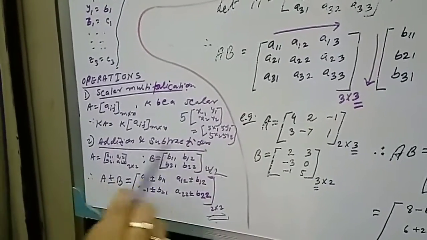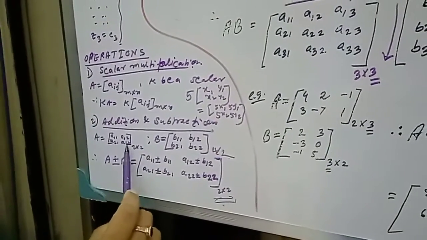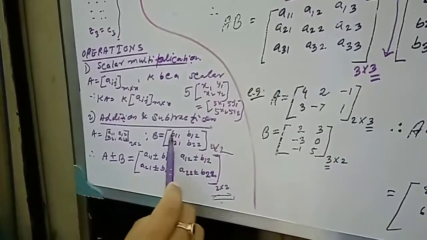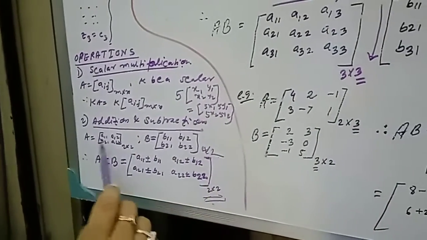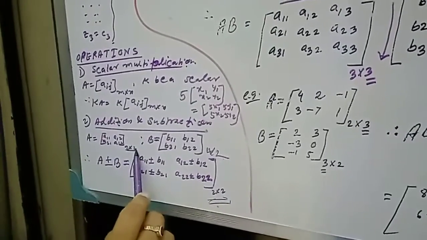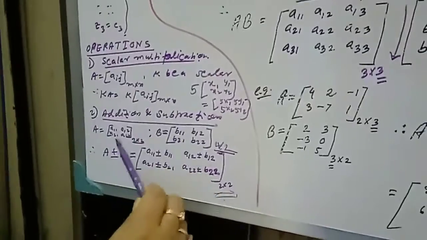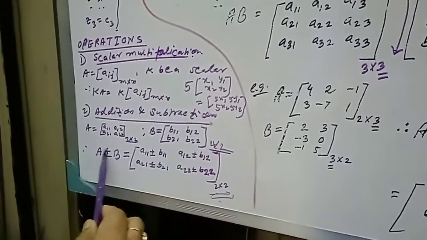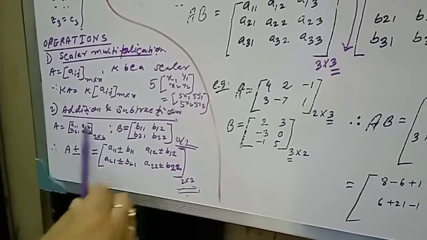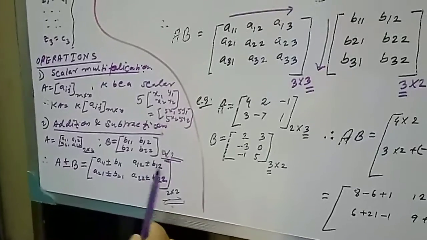Now addition and subtraction of matrices. If A equals a11, a12, a21, a22 of 2 by 2 order, B equals b11, b12, b21, b22 of 2 by 2 order, that means here A is 2 by 2 order, B is 2 by 2 order, that means same order. Then A and B are conformable for addition and subtraction. So when it is added, A plus B, when it is subtracted, then it is A minus B. What will be the formation in the matrix?